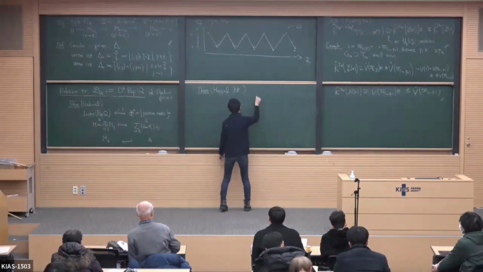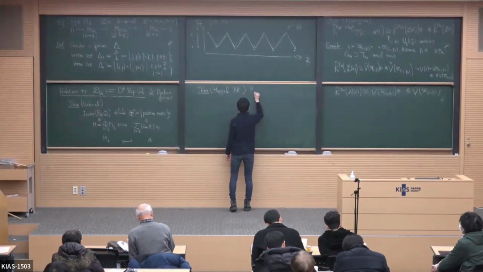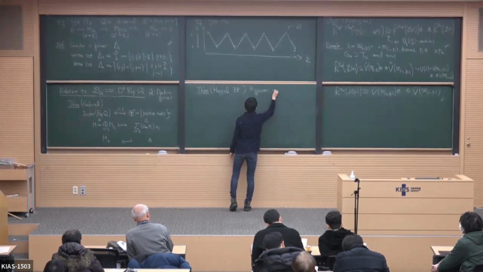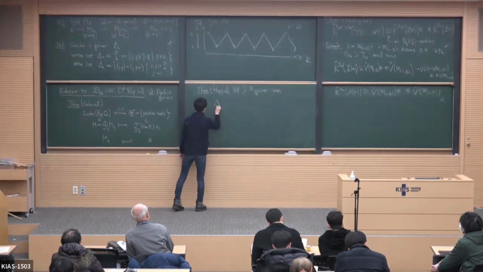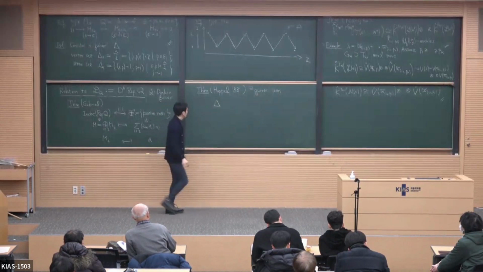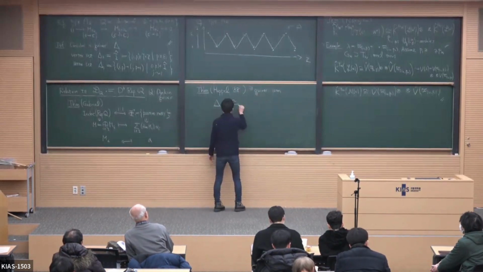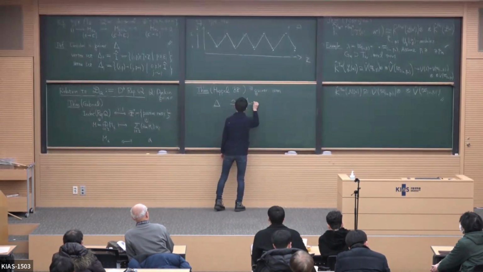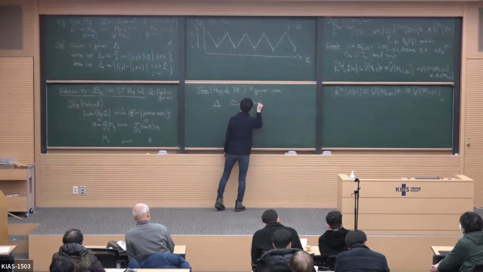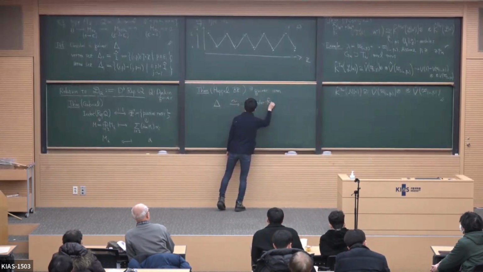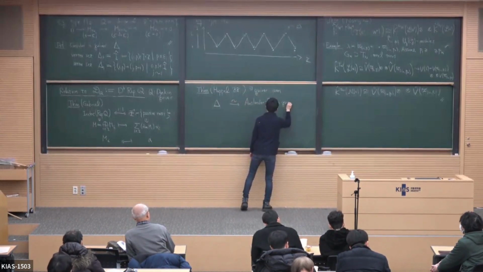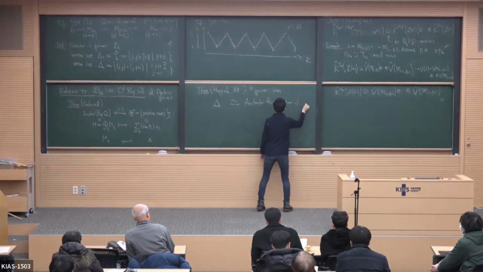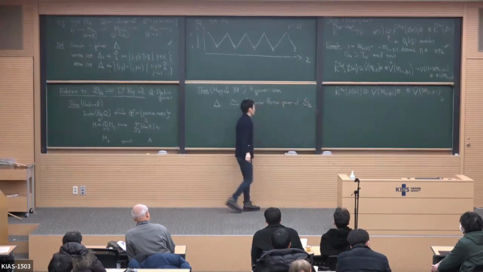He constructed a quiver isomorphism between this quiver delta and the so-called Auslander-Reiten quiver of the derived category of rep Q.